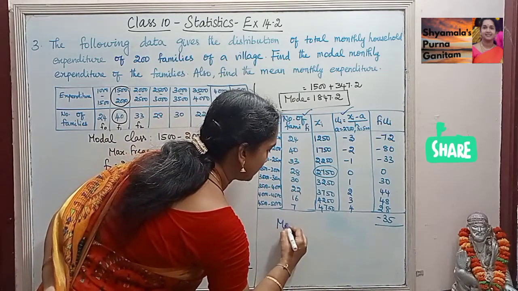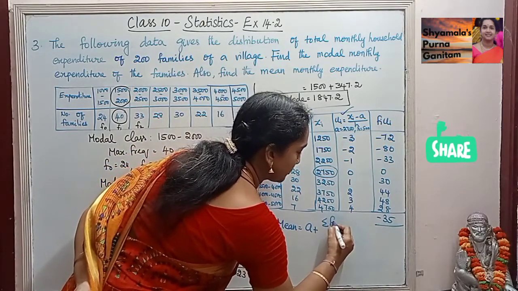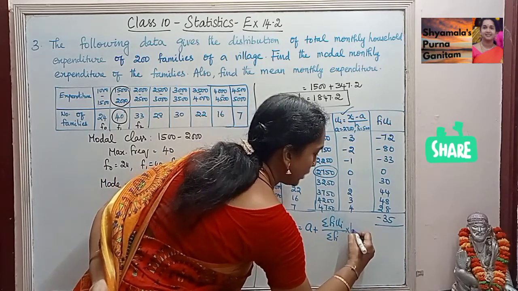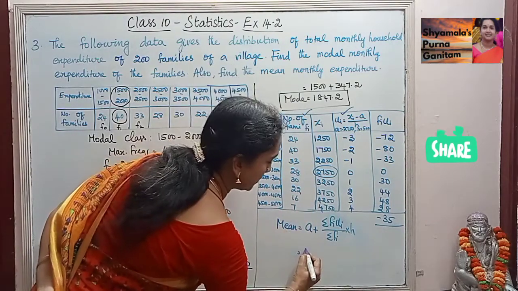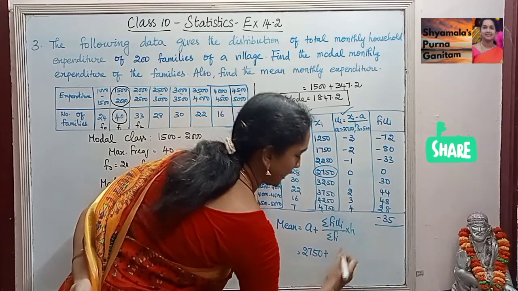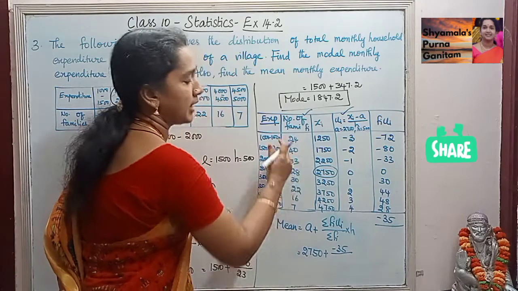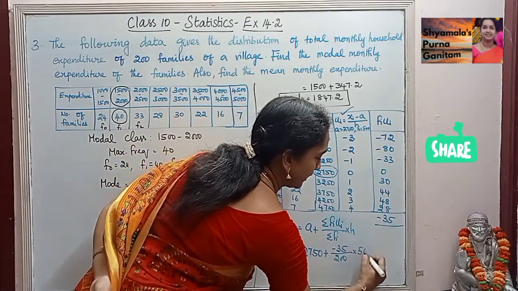The arithmetic mean is equal to a plus (sigma fi ui divided by sigma fi) into h. Assumed mean a is 2750, plus sigma fi ui, minus 35 in the numerator, divided by sigma fi, 200, into h, 500.